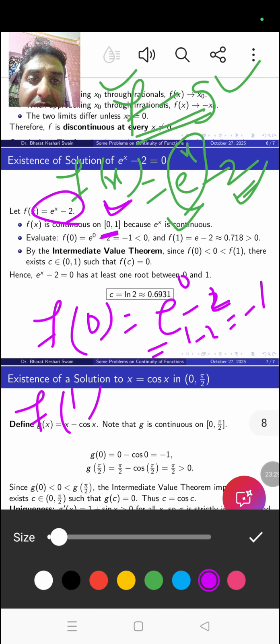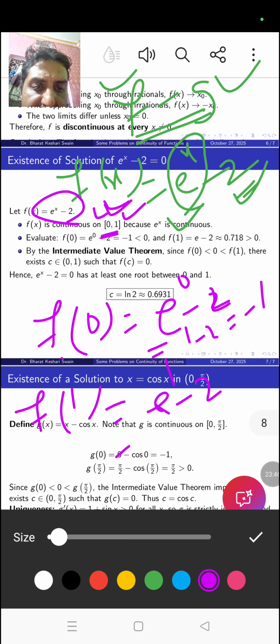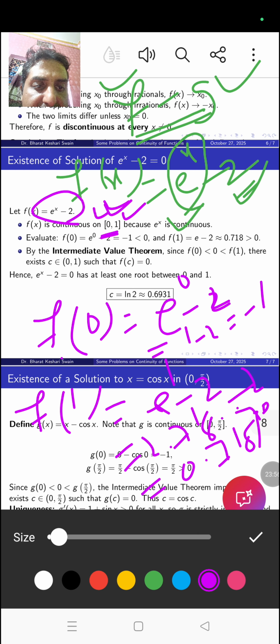So let them be a and b. f of 1 is e to the power 1 minus 2. The value of e is 2.718, minus 2, so the value is 0.718, which is greater than 0.